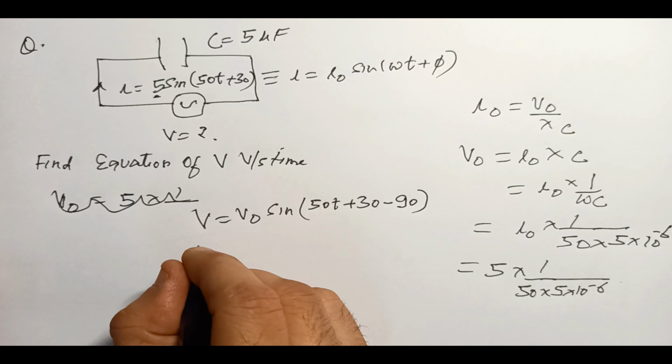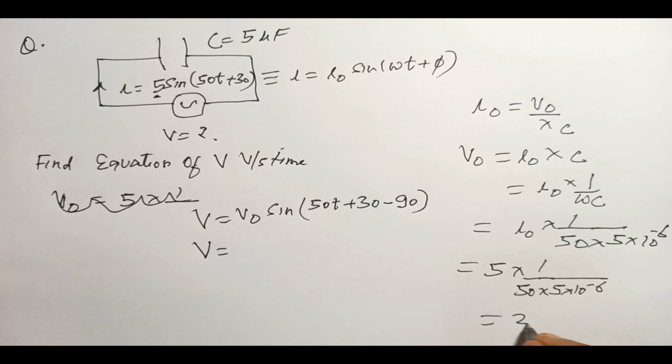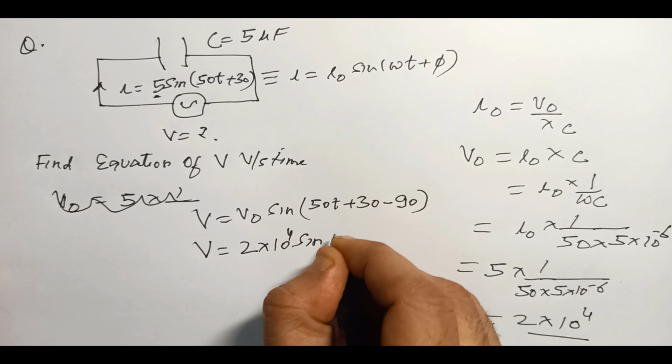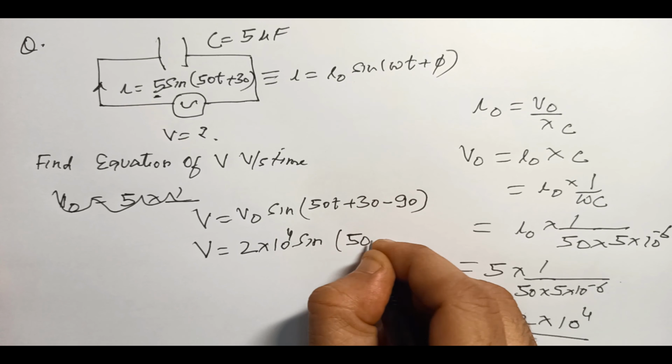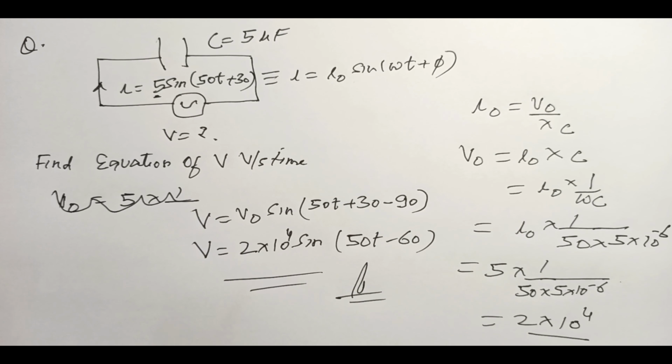So V is equal to, now V naught value from here we are getting 2 into 10 to the 4, put it here, 10 to the 4 sine 50t minus 60. So this is the answer.